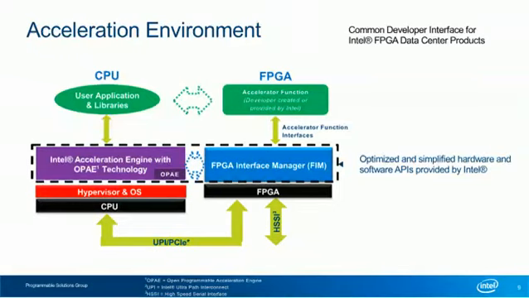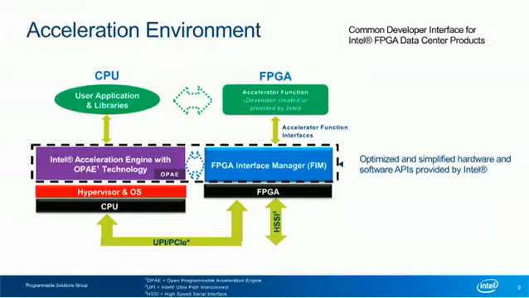A layer down, the acceleration environment has a software component, the Intel Acceleration Engine with OPAE technology, and an FPGA component, the FPGA Interface Manager. Together, these provide the common developer interface with simplified and optimized APIs and interfaces from Intel. This will abstract away and simplify the communication between the FPGA and the CPU, which is connected using PCIe or UPI in multi-chip packages.